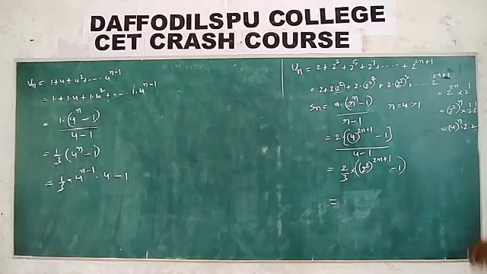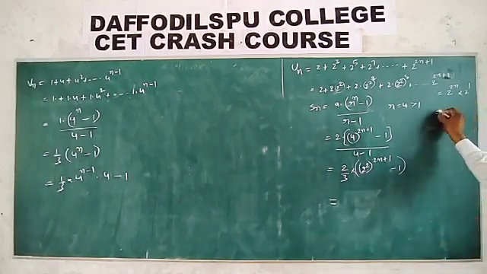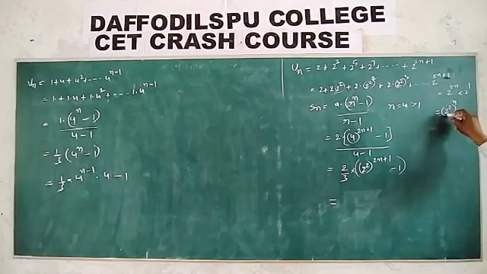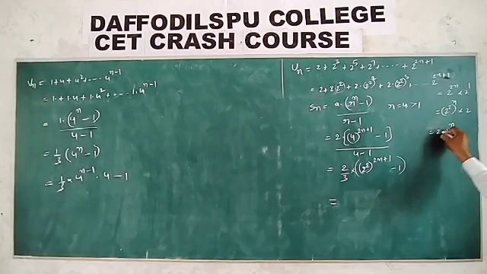So 4 power n into 2, therefore 4 power n into 2. The last term is equal to this one.